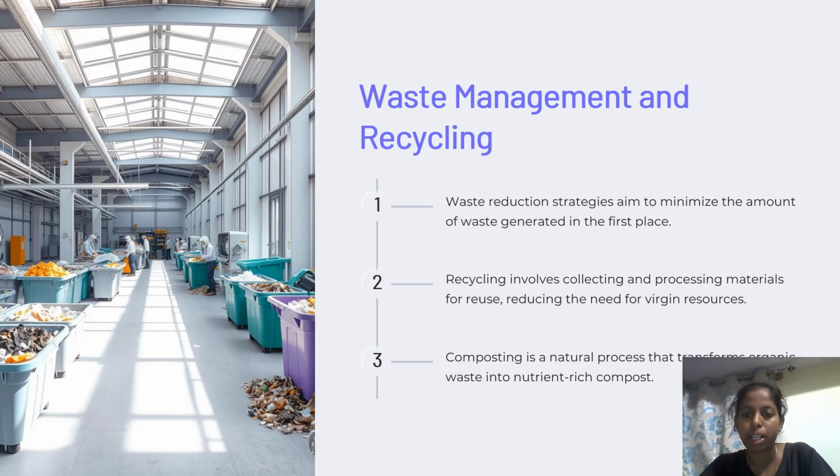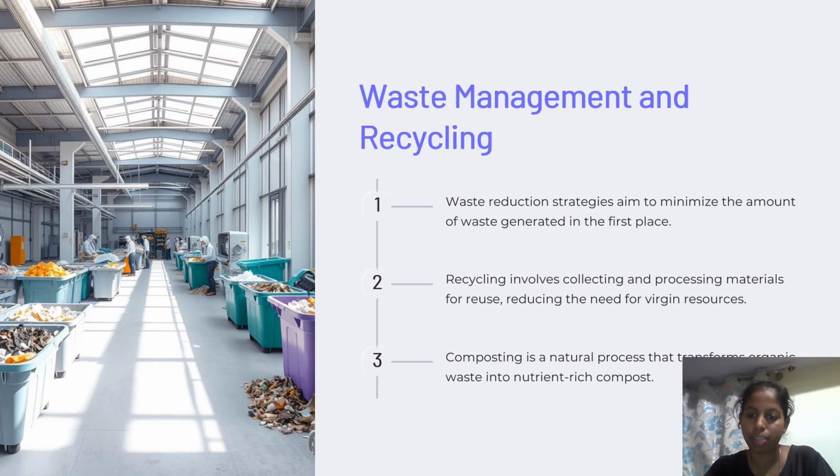In environmental management, the production of waste should be minimized in the first place, and recycling involves processing to reduce the need for virgin resources. Waste management should involve maximized recycling or reusing of waste.